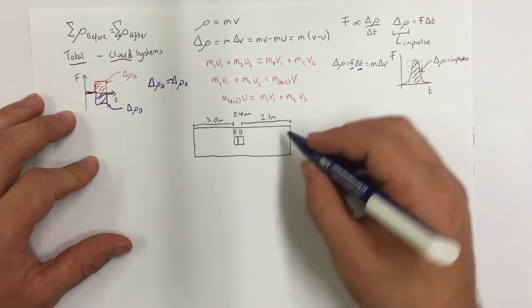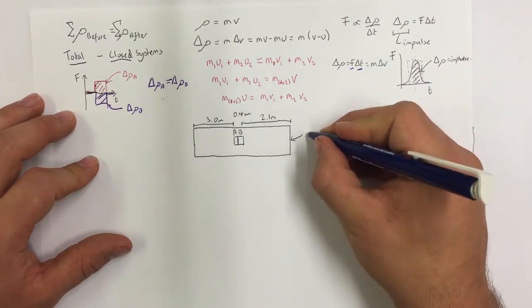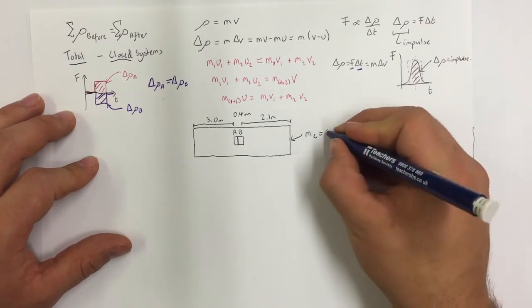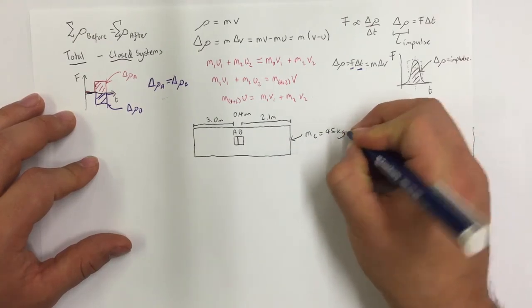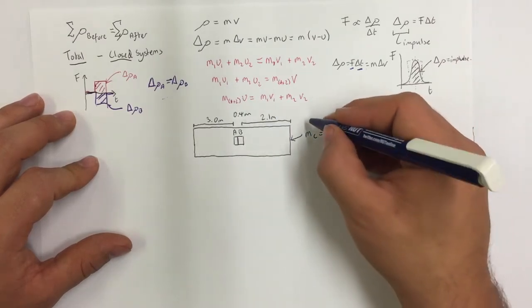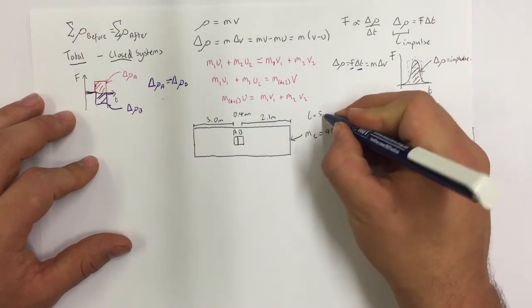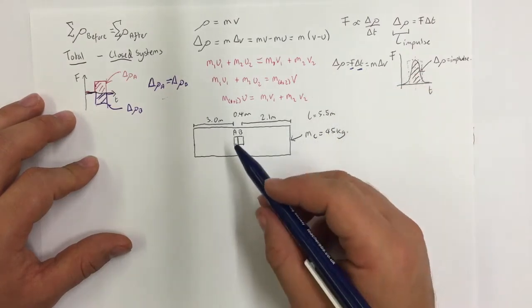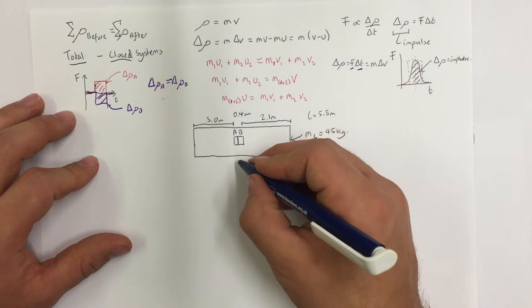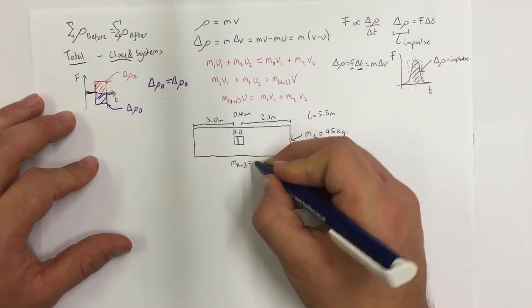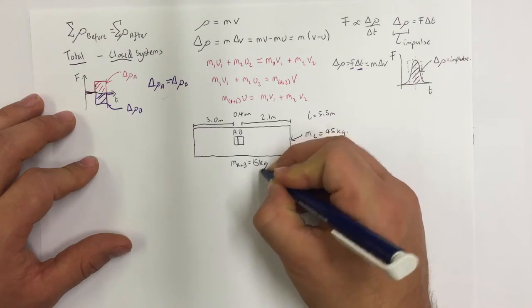The container overall has the mass of the container, which I'm going to use as C, equal to 45 kilograms. The total length, which you can probably work out, is 5.5 meters. And the total mass of this cube, so the mass of A plus B, is equal to 15 kilograms.